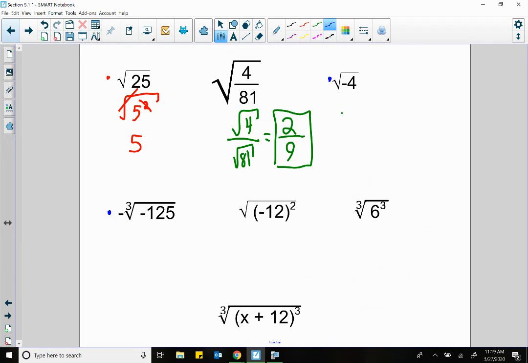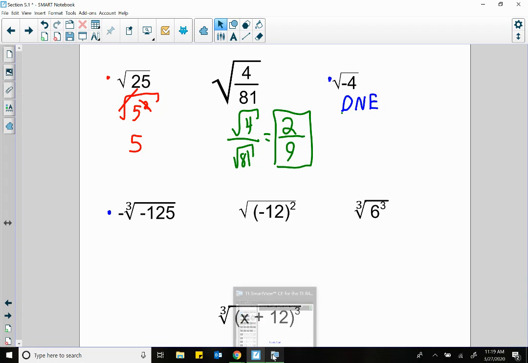So, looking at these, this is an even root. It is a square root of a negative 4. And as we said a second ago, this does not exist for us right now. When you get to 5.6, we'll turn that on its head and we'll talk about how we can deal with an actual negative number under an even root.